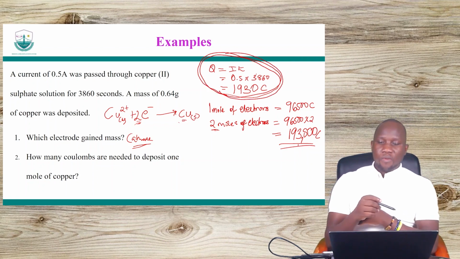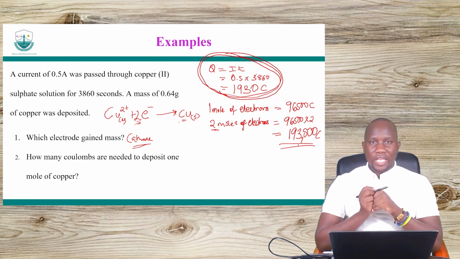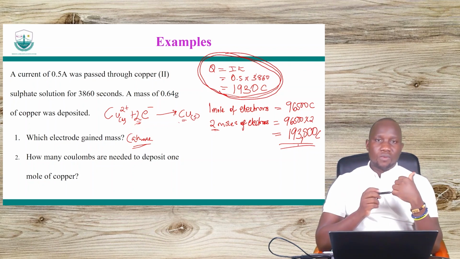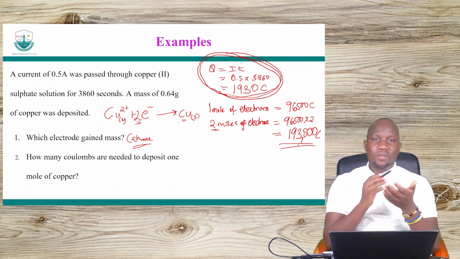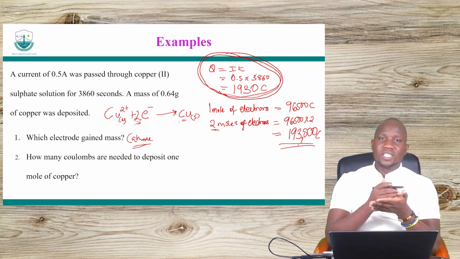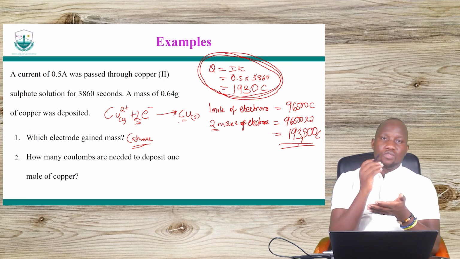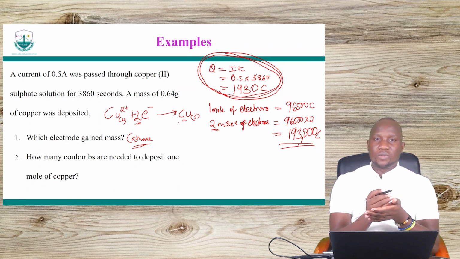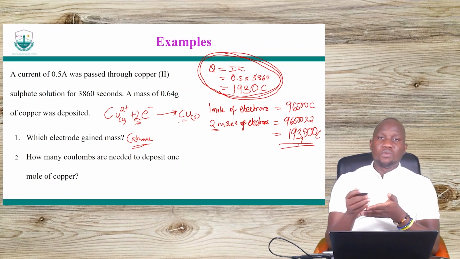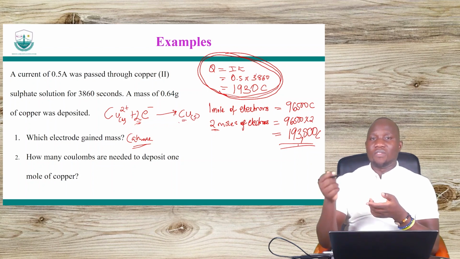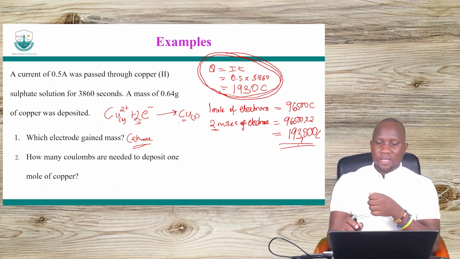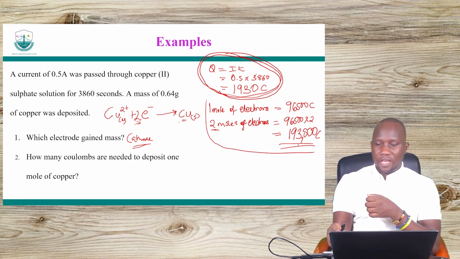But from logical reasoning, if we know that for copper ions, because the charge is 2, you need 2 moles of electrons to produce 1 mole of the element copper, then going straight forward here, you get that answer.